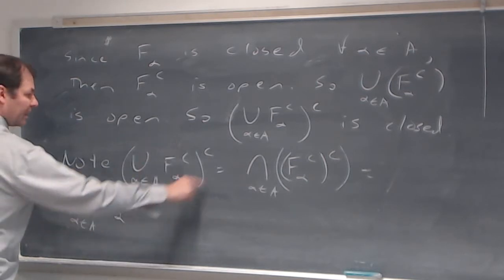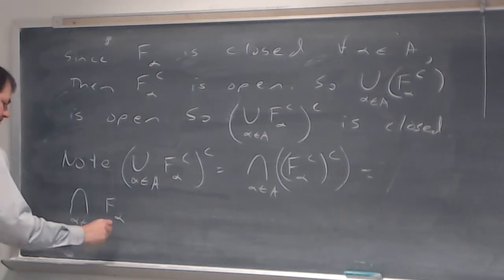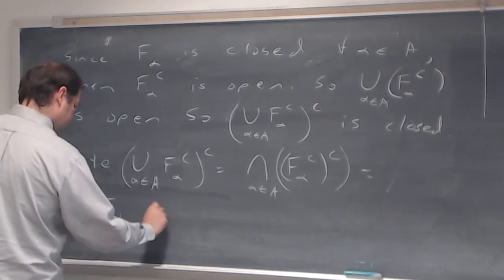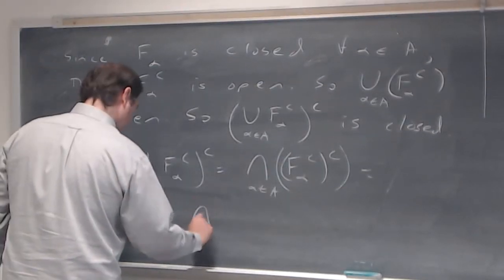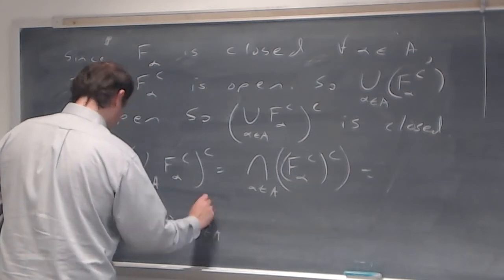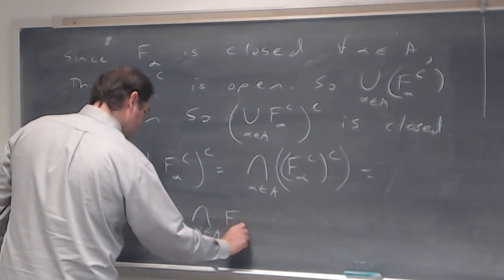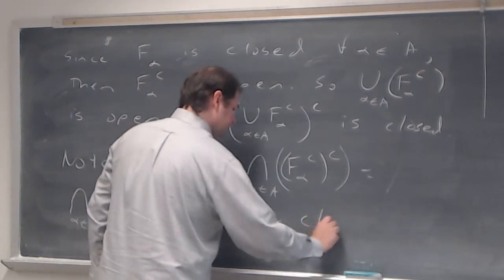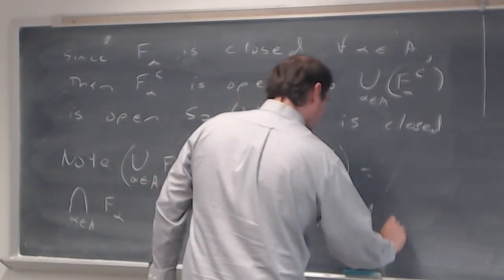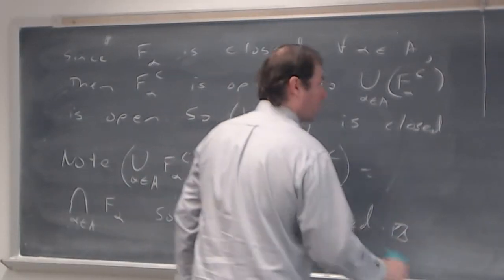But what do we know about this set? That's closed. So that means this intersection is closed. And that's the proof of part B.